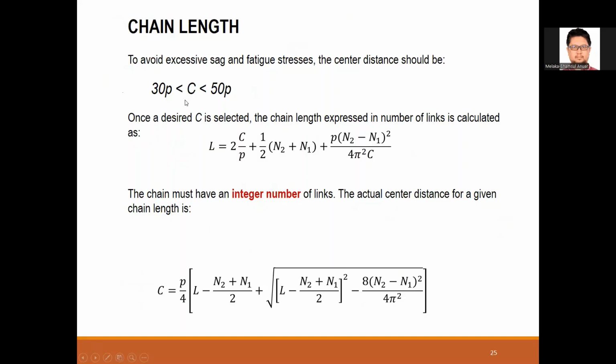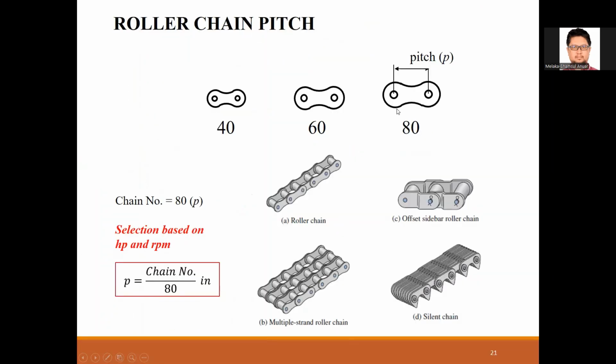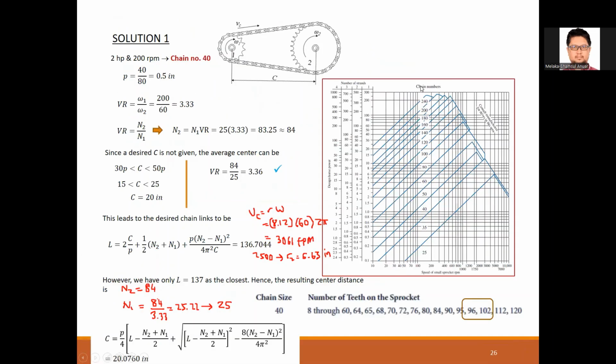So this is the nice spot, maybe take somewhere in between, in the middle. Once you know C, you can calculate L here, the number of links. This is the number of links, not length. If each of these parts is one link, you put many links together and form the chain.